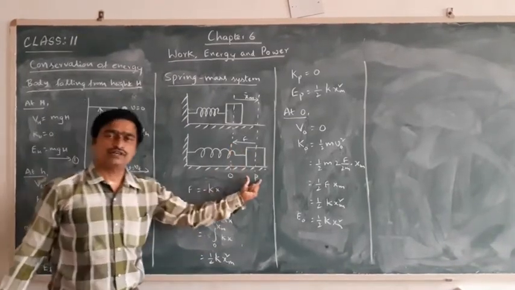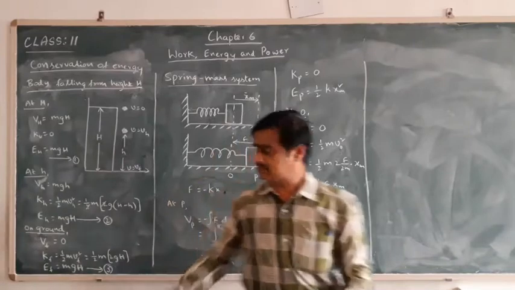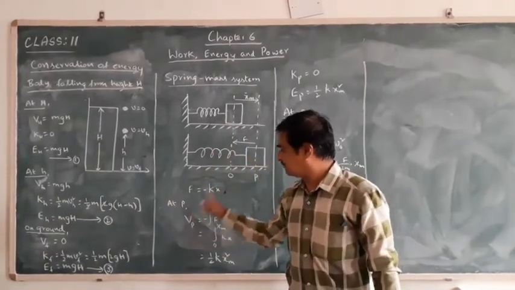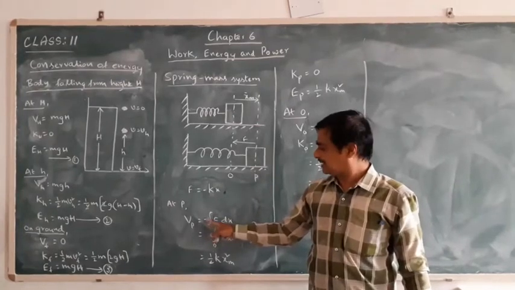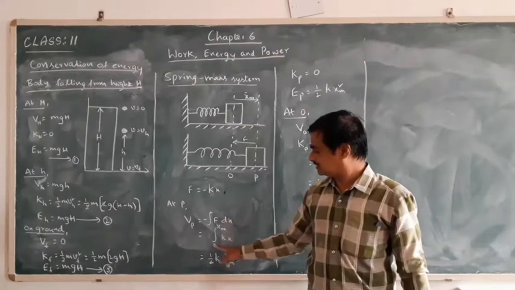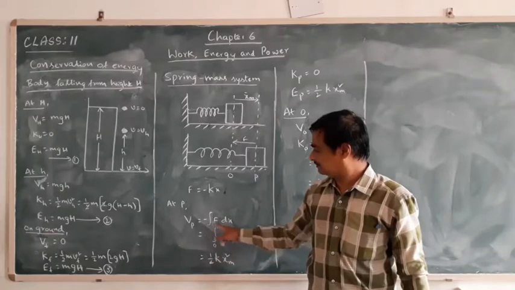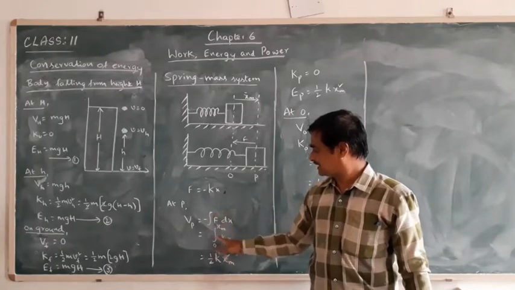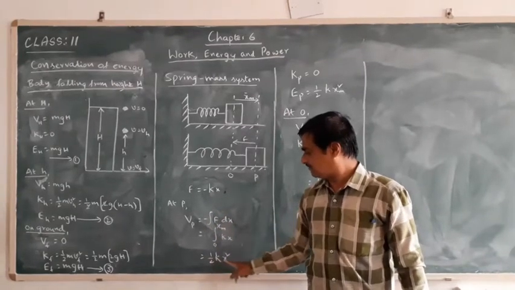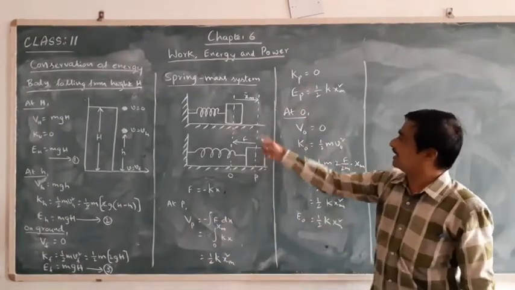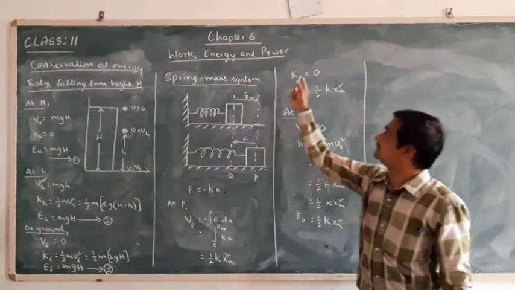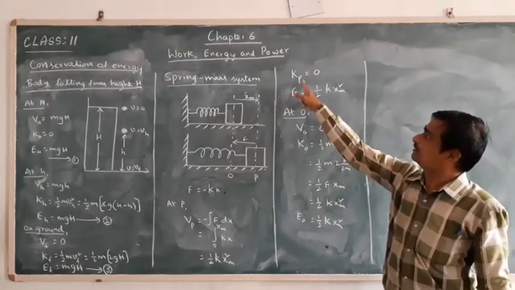First we calculate the energy at maximum displacement xm. The potential energy at maximum displacement is written as minus integral F dx, going from 0 to xm. Then minus of minus becomes plus kx, and we get half k x square. That is, the potential energy is half k x square, as the maximum displacement is xm.